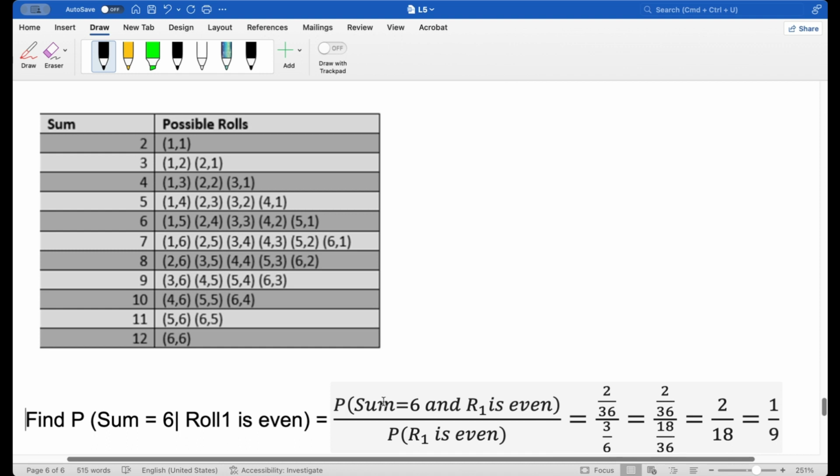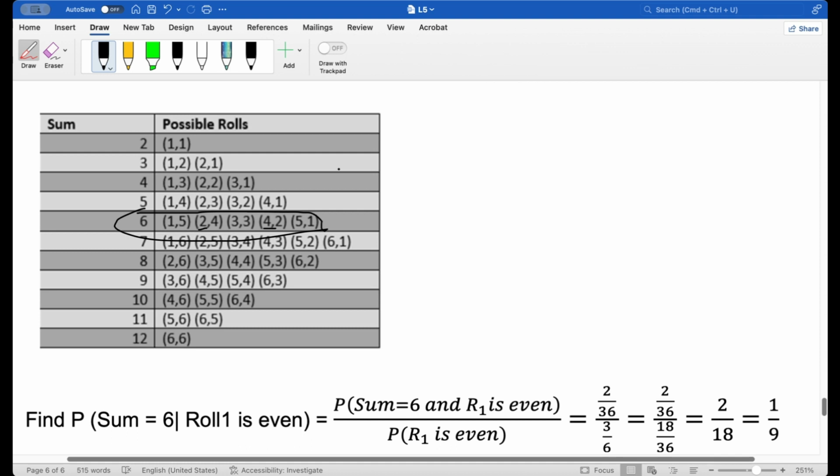Now, for the numerator, we want the sum to be 6 and the first roll to be even. Looking at this sum 6 row, we see that there are 2 ways for this to happen: 2, 4, and 4, 2.